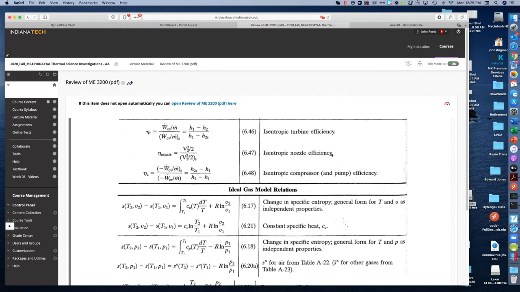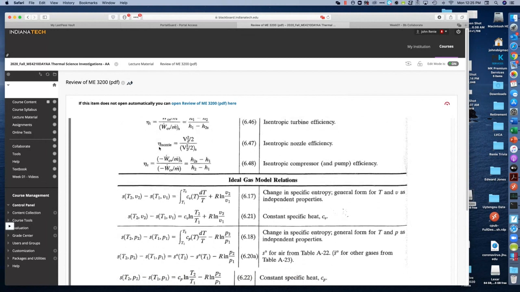If it's a nozzle that we're dealing with, the purpose of a nozzle is to facilitate the fluid in terms of velocity, to try to increase the velocity or the kinetic energy.